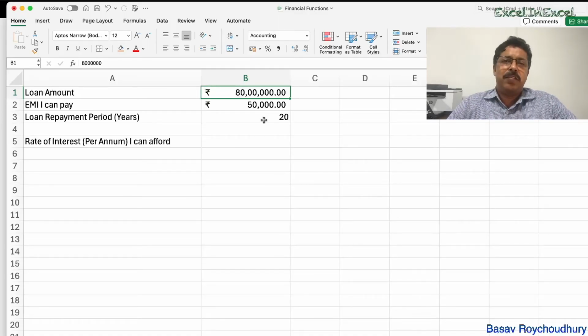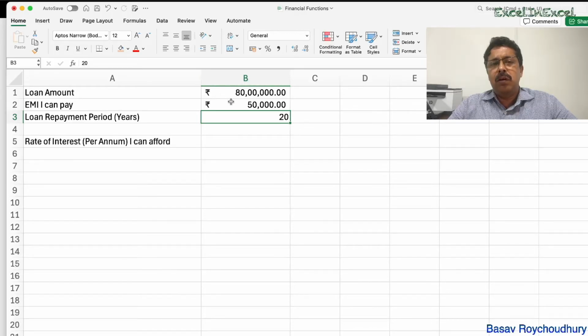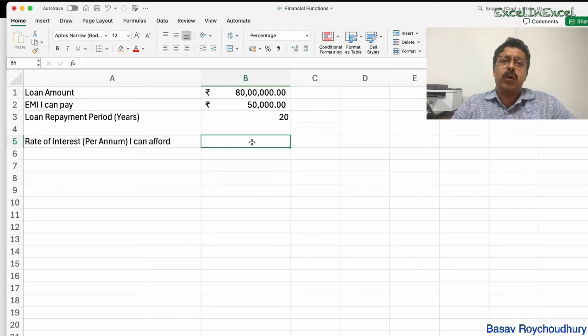So I look at my finances and I see that the EMI that I'll be able to pay per month would be just about 50,000. Now, if I take a 20-year loan, would I be able to pay that 80 lakh loan paying 50,000 EMI in 20 years? And if I can do that, what will be the rate of interest that I'm looking at?